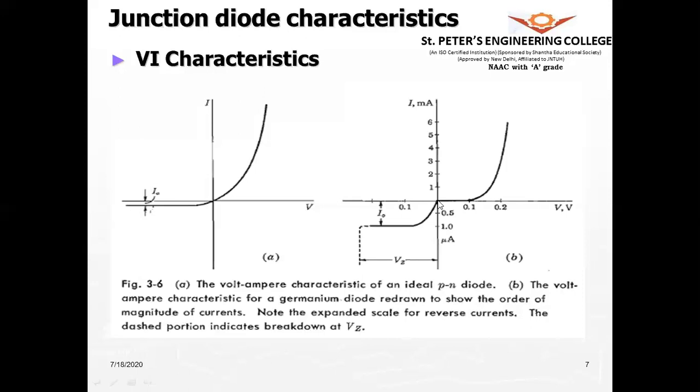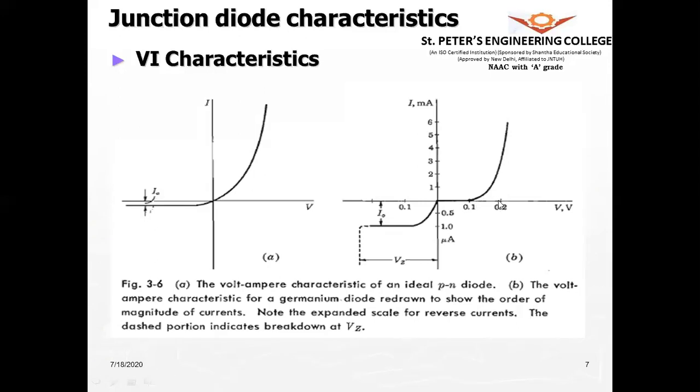So we see that the current does not increase instantly at zero. As we vary the voltage across the diode up to some 1 volt, the current is almost zero, and beyond point 1 the current goes on increasing, but the voltage remains approximately constant.